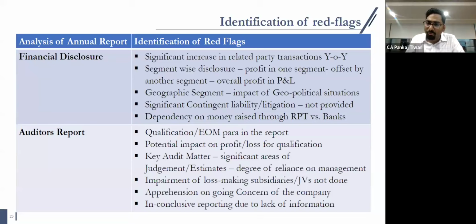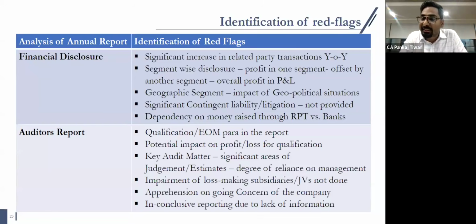That's a red flag if you find this kind of instance anywhere. Another is the geographic segment which we had discussed, that there could be an impact of a geopolitical situation. If you are a supplier to particular countries which are under tension or under a war situation, this could have an impact on your entity also.